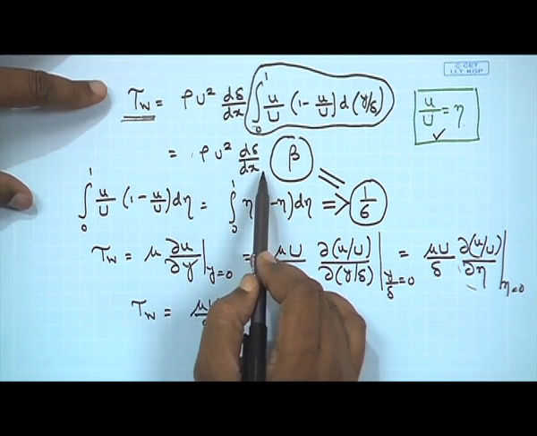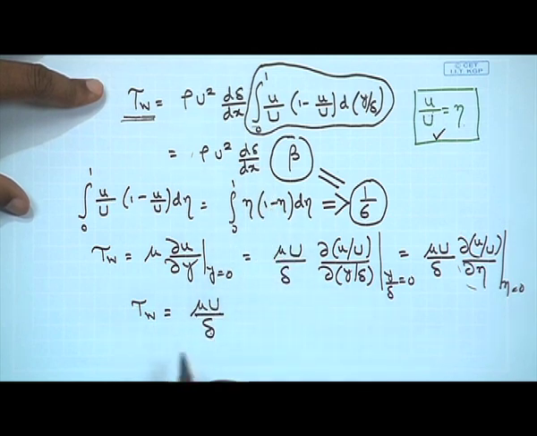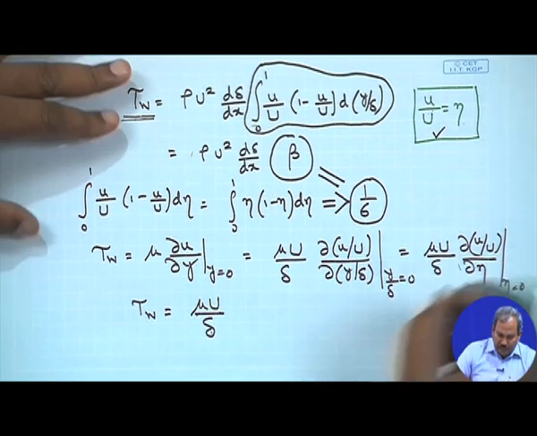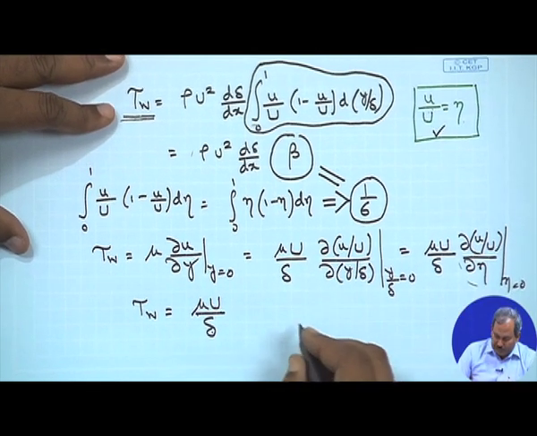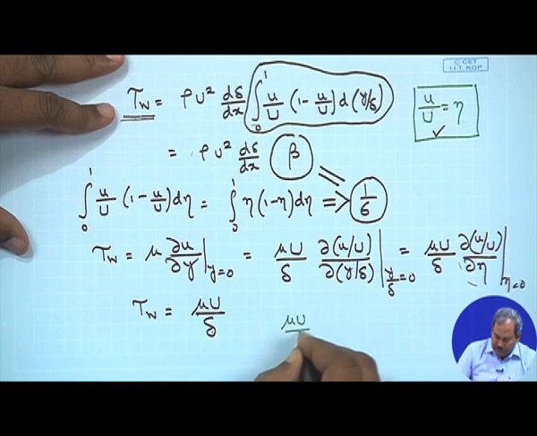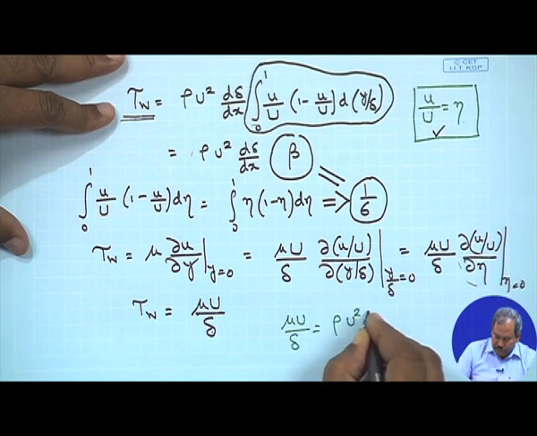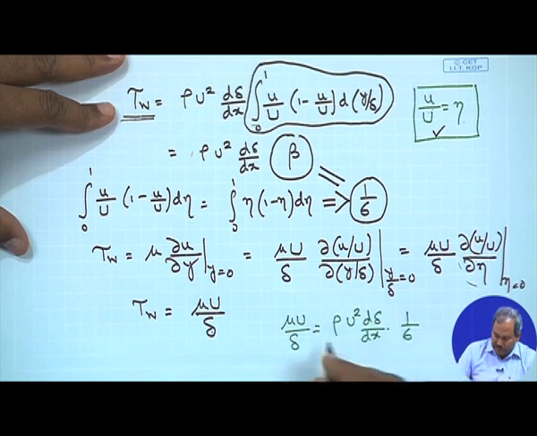So this is simply an ordinary differential equation, and the final form of the equation would be equal to, times 1 by 6.